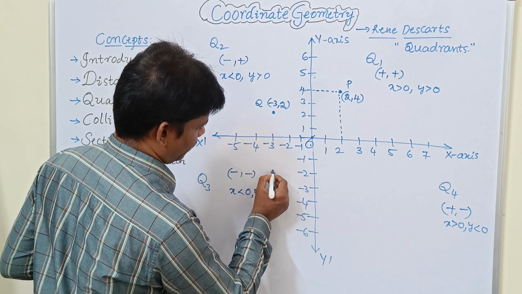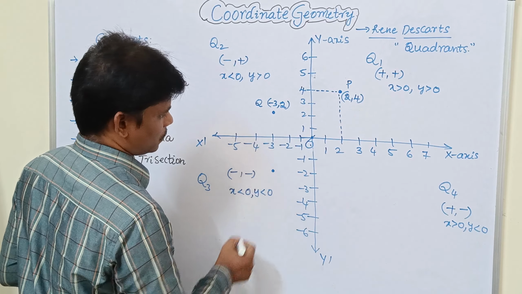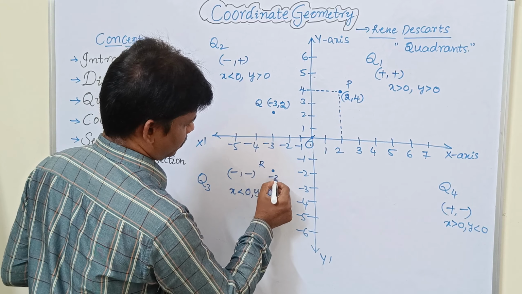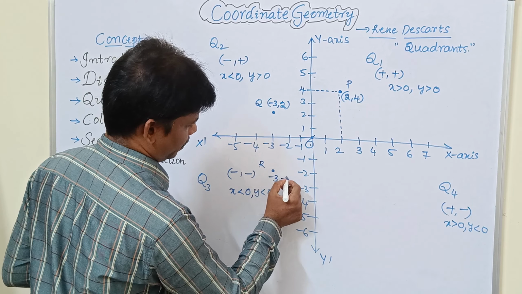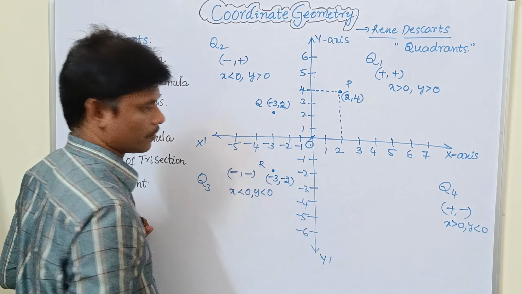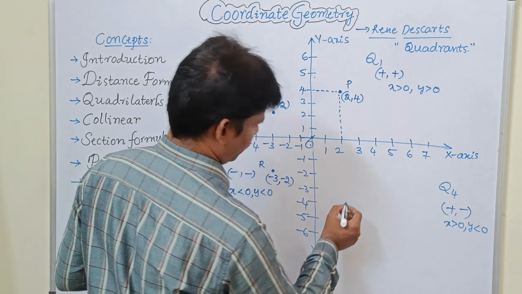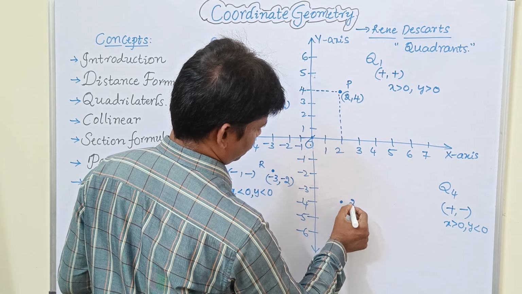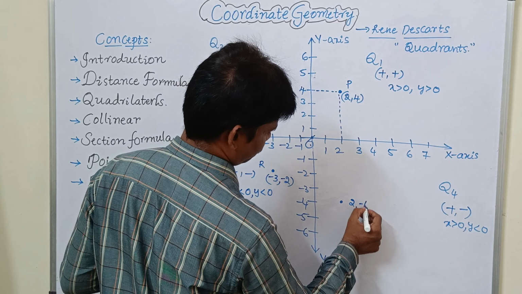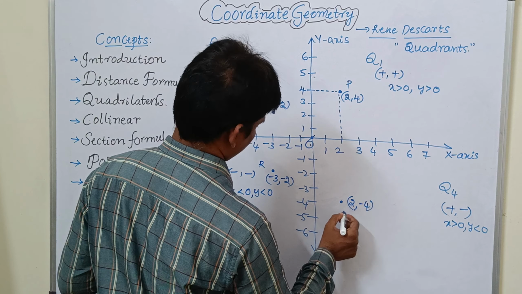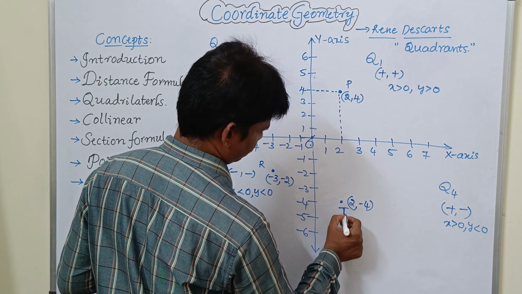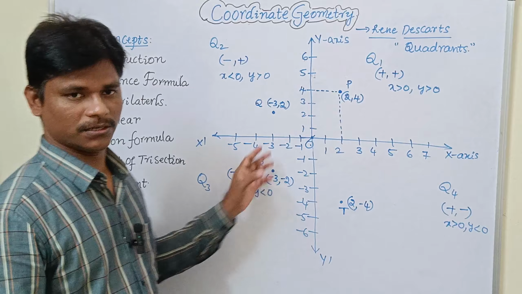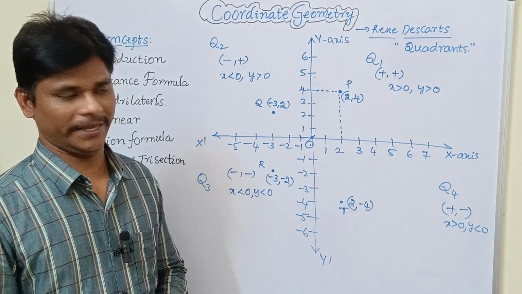Suppose another point R: x-axis minus 3, y-axis minus 2. Suppose one more point here: from the x-axis 2 units distance, from the y-axis minus 4 units distance. Call it T. These indicate how to locate points in the xy plane.